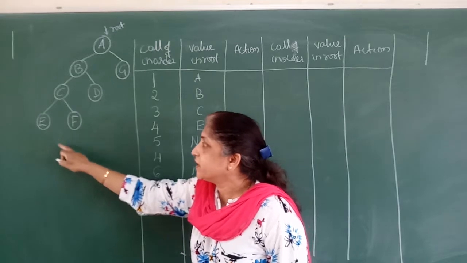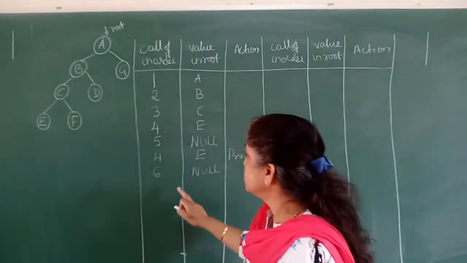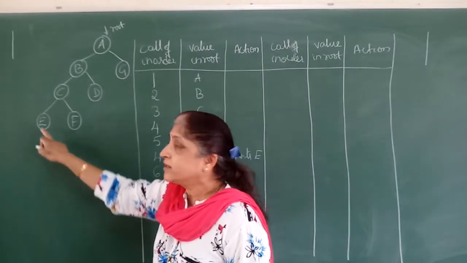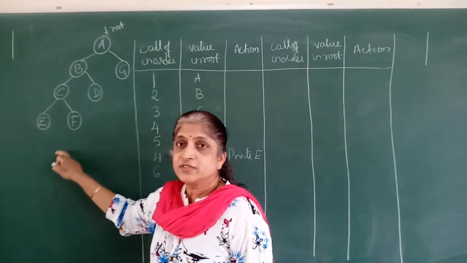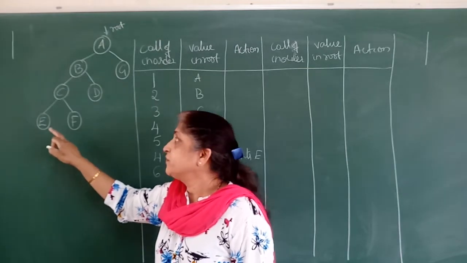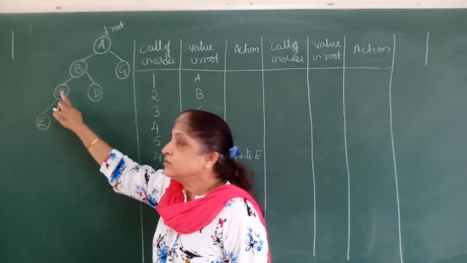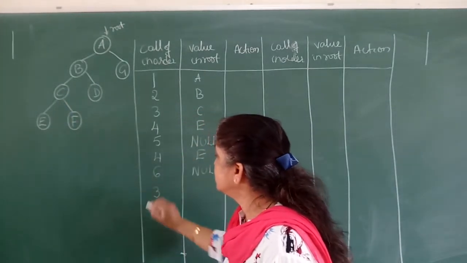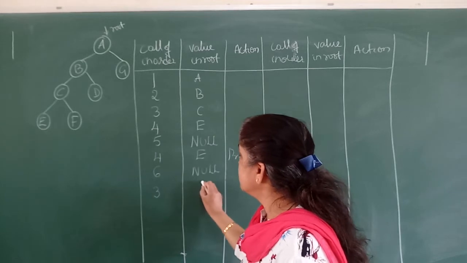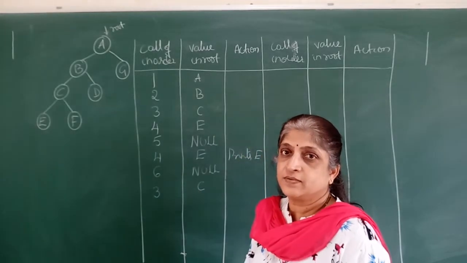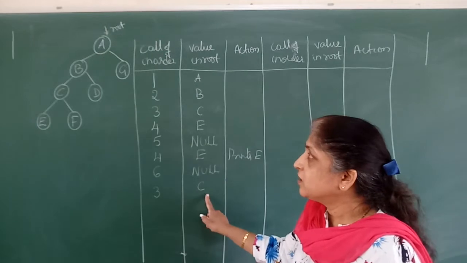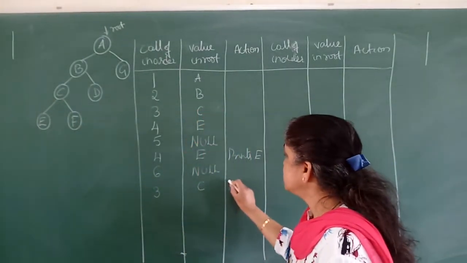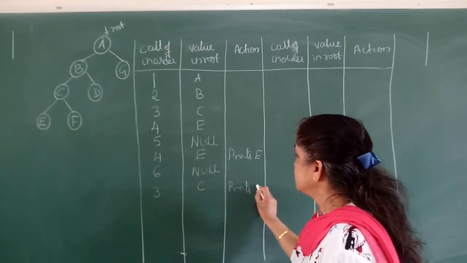In that call, the action has already been taken, so we have completely visited the left subtree of C. It goes to call number 3, the call for C. The value here is C. Now that it has completely visited the left subtree, it prints C.